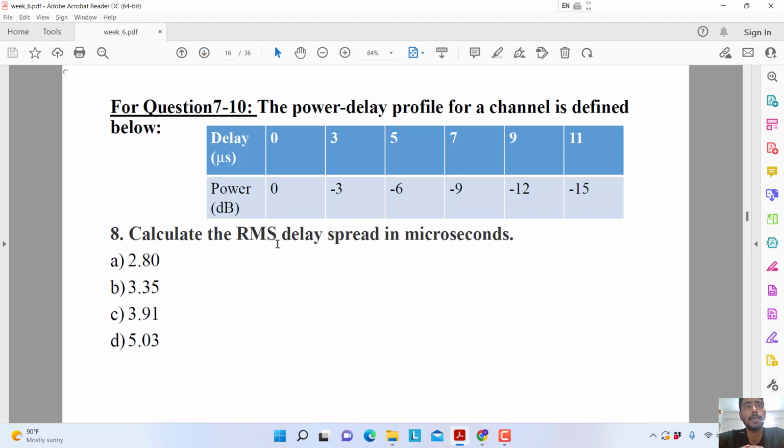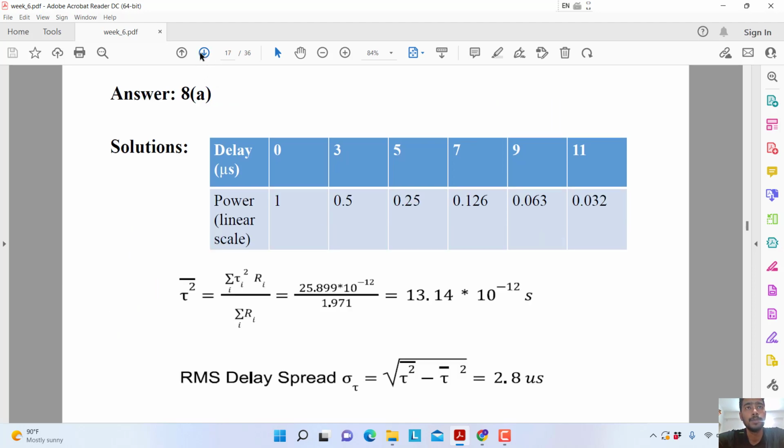Here we have to calculate the RMS delay spread. The formula for RMS delay is given here. Tau is replaced by tau square. Just multiply them individually, and after that add them, and next divide with the summation of this row. So the value will become something like 25.899 into 10 raised to minus 12.